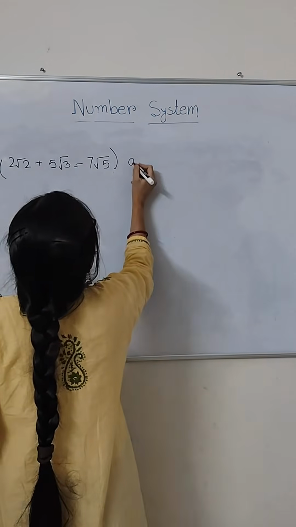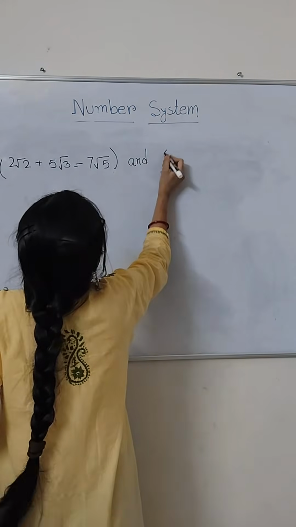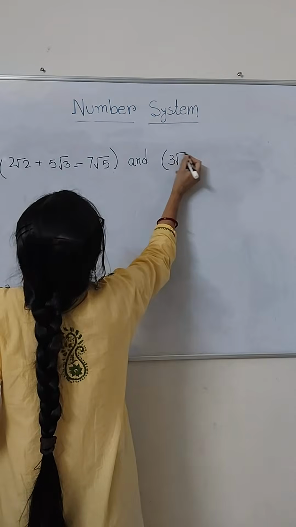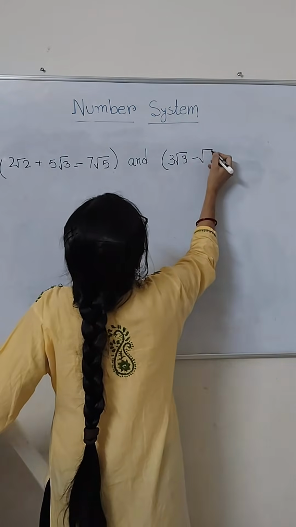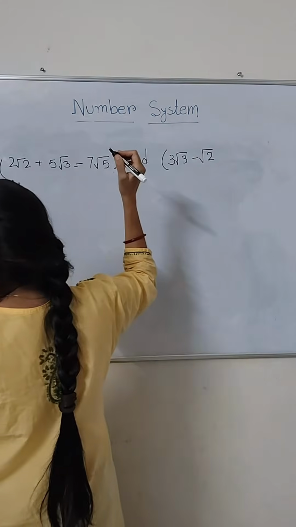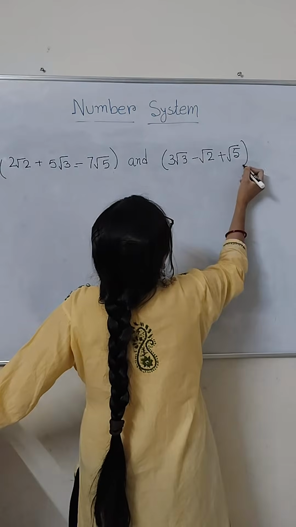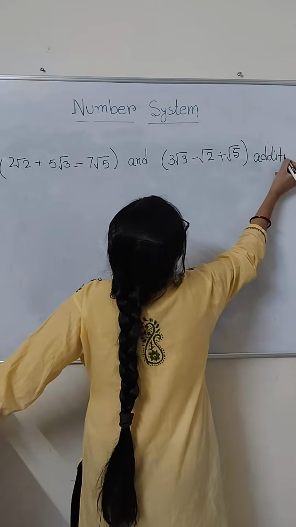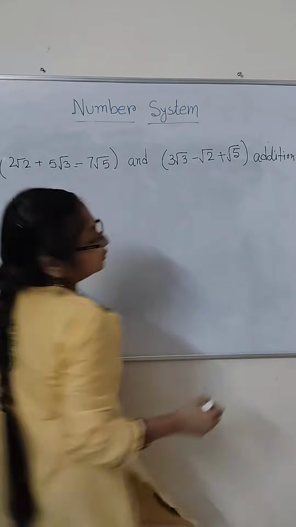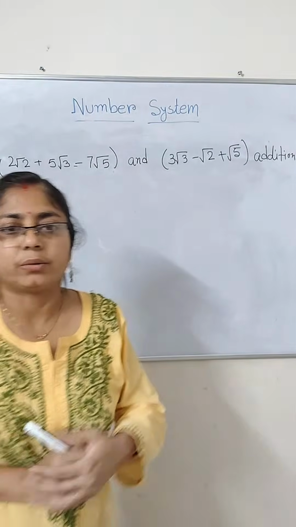And 3 root 3 minus root 2 plus root 5. Addition. First you start to do for 1 minute. After that I will help you.